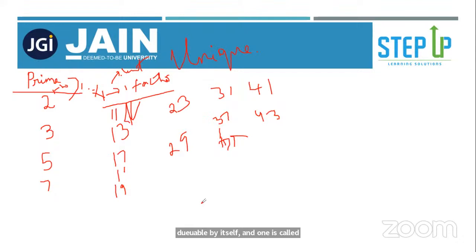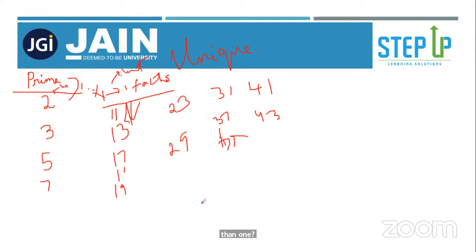So from 1 to 100, the important ones are 2, 3, 5, 7, 11, 13, 17, 19, 23, 29, 31. 39 isn't prime because 39 is divisible by more than one factor.